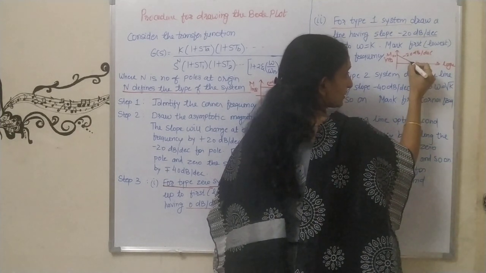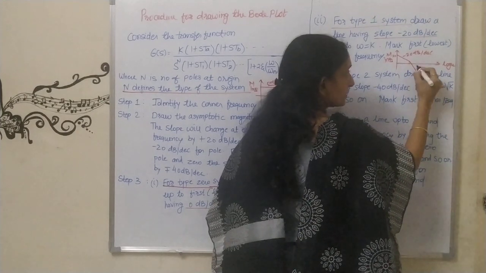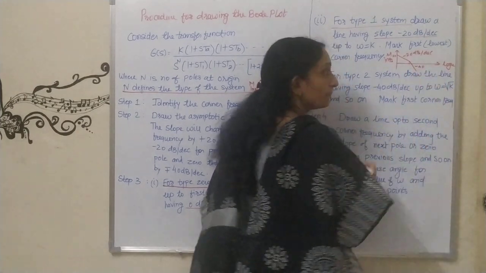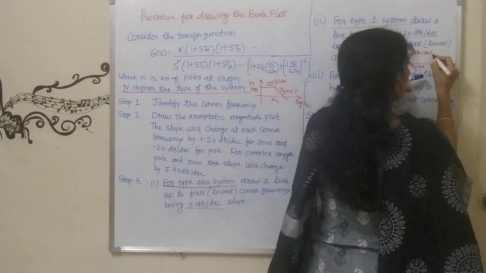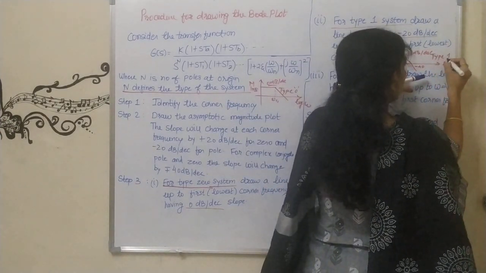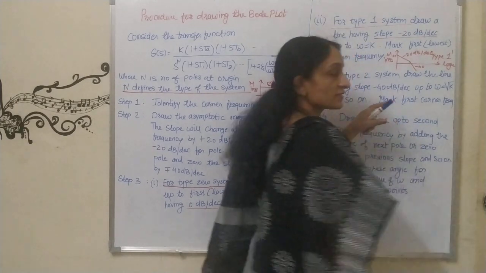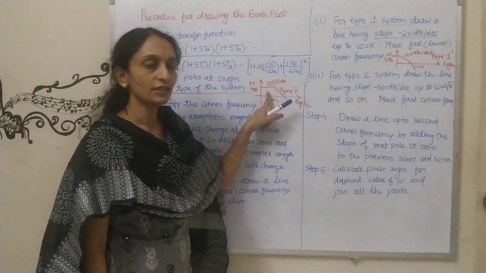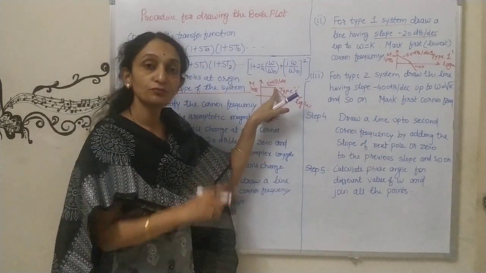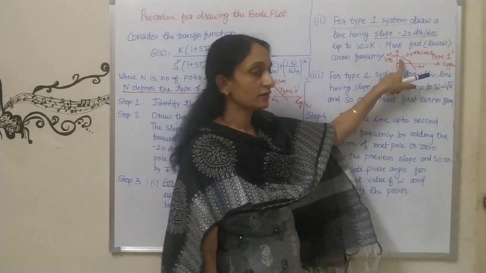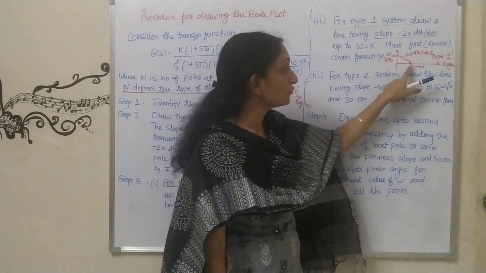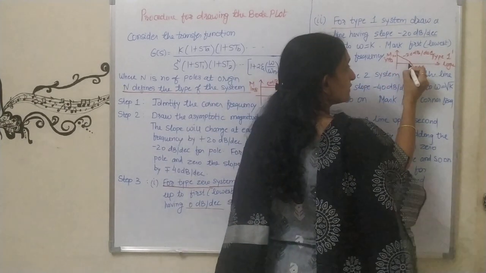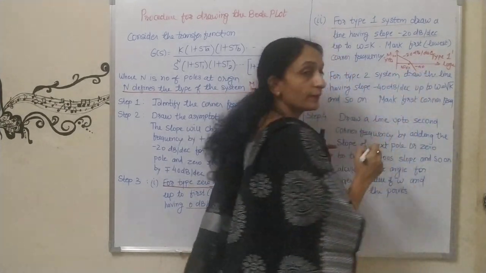Suppose this corner frequency is there, so it may change like this. But the starting line slope is always minus 20 dB per decade for type 1. Again, this is a fixed rule, please understand. For type 0, starting line slope is 0 dB per decade up to the first corner frequency. Here for type 1, starting line slope is minus 20 dB per decade up to the first corner frequency. So this may be my first corner frequency omega c1.